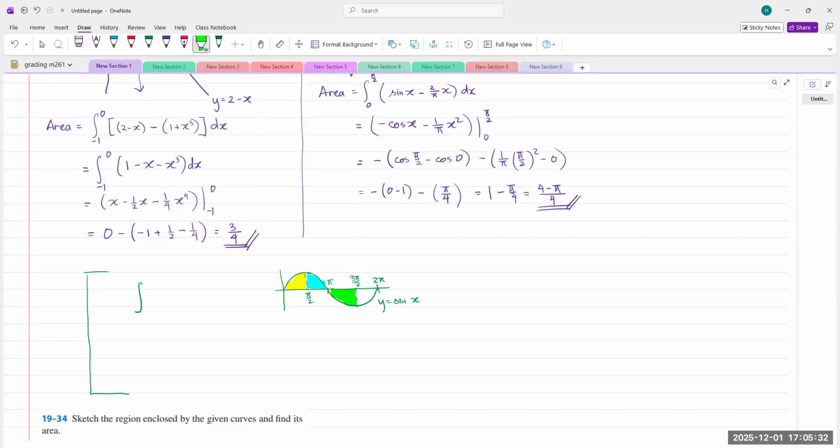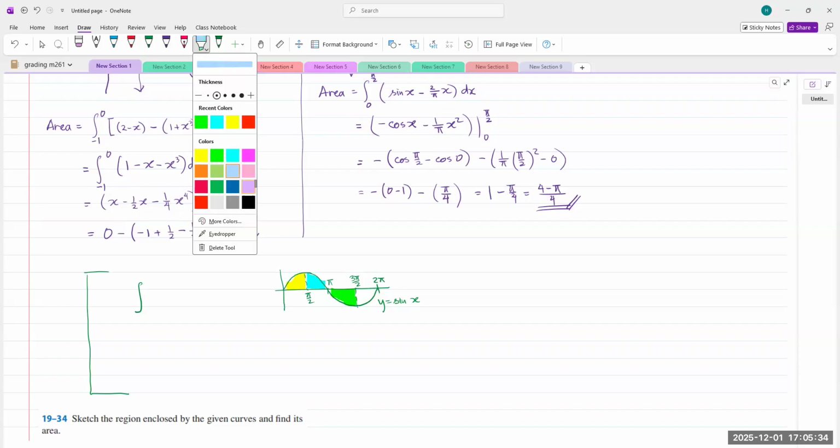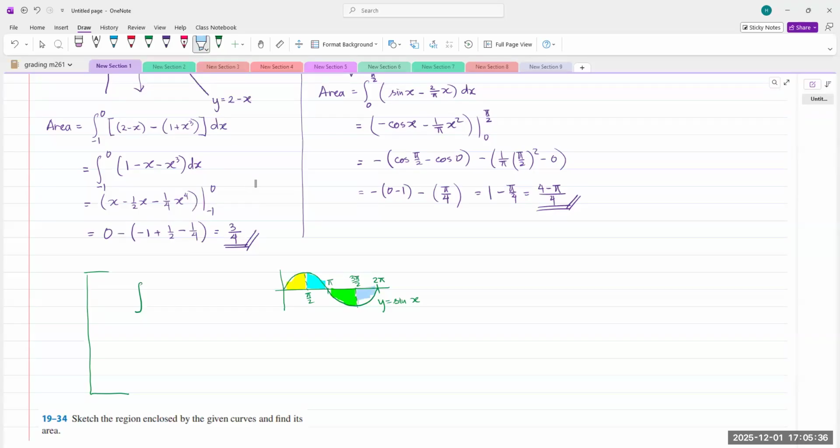It is the same as the area in quadrant 4, but it is a negative area. Now what I want you to see is if we integrate from 0 to pi over 2 of sine x dx, this equals 1.